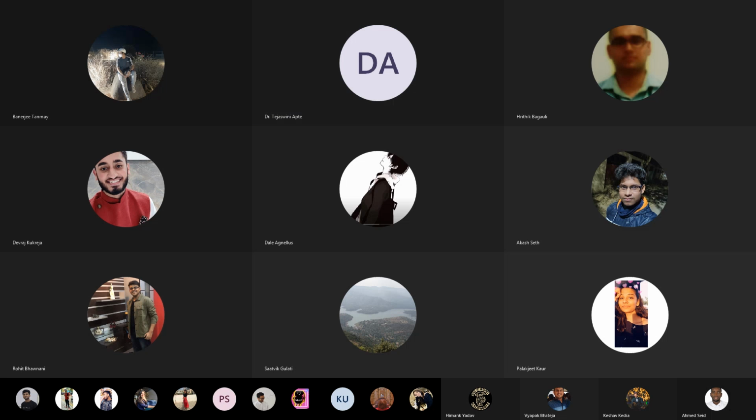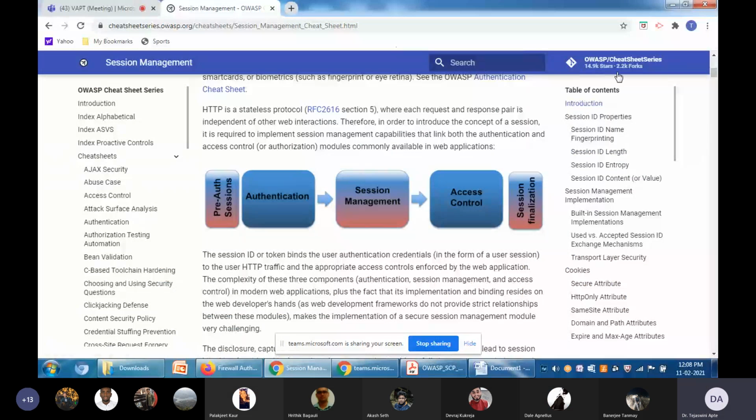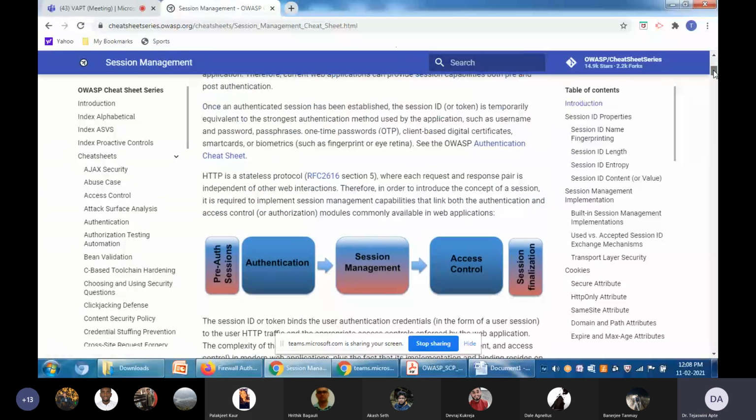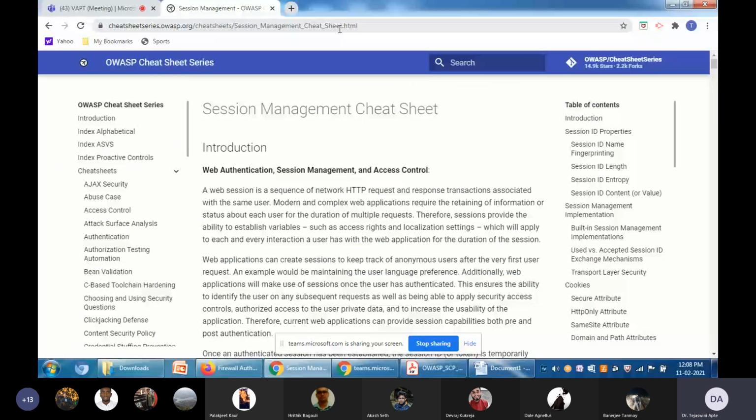Okay, so here we are. Let me share this particular link with you as well. Yes, this is from OWASP.